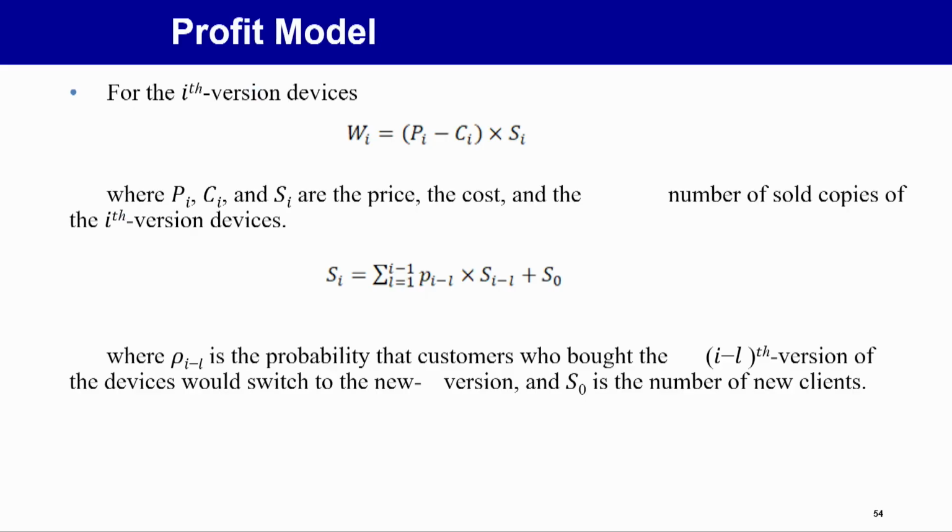There could be some new customers, that is S_0 here, and there could be the previous customers that are in the i-1 version. If the i-th is released, then who are in the 14th version, who are in the 13th version, and what is the probability of them changing the phone. So this is how companies can estimate how many of the new version devices they can sell. This is kind of a profit model we have developed.